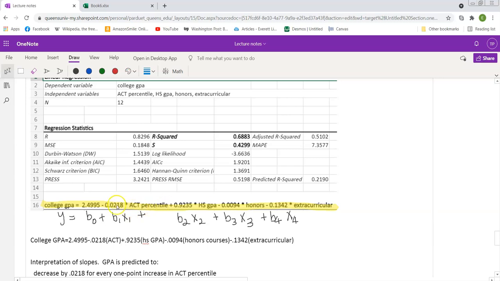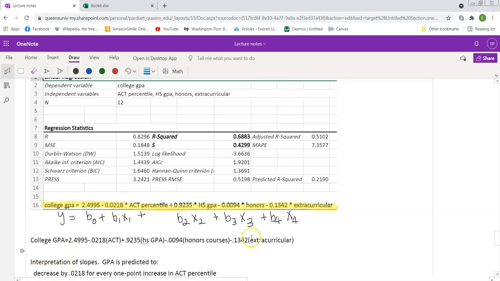On the first one, all of these still have the same interpretation: the slope is the predicted change in Y every time there's an increase of 1 in the X variable.